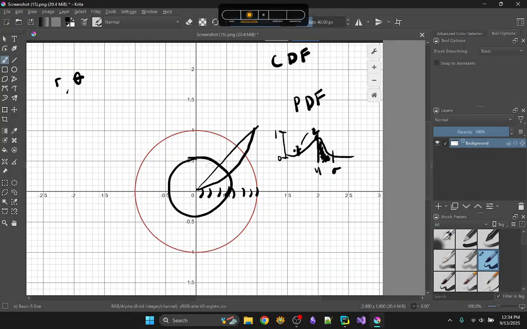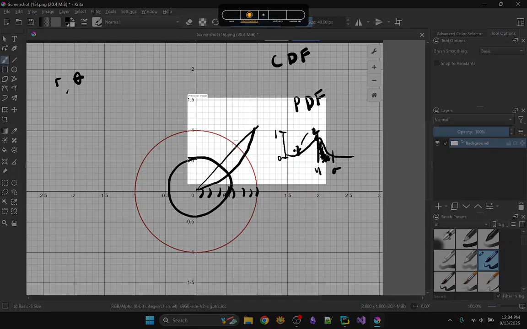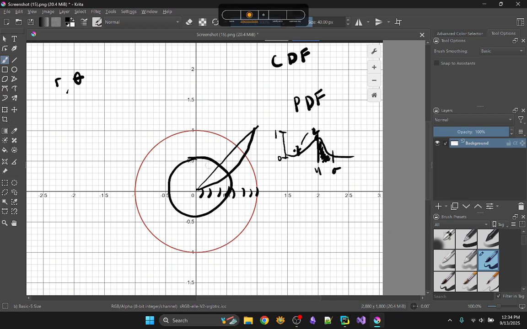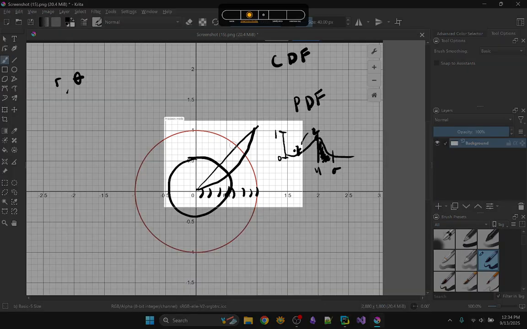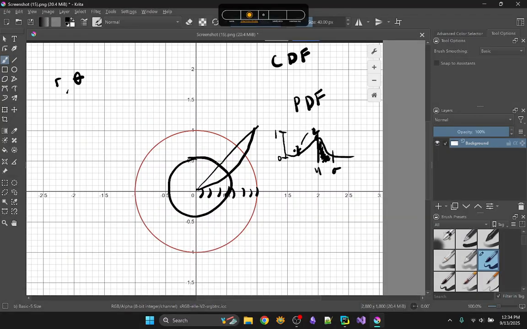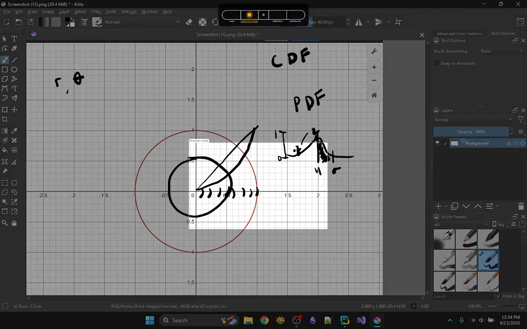So that's why I can just scale this. What should be 2x, I can just scale it to 1x, because all that matters is the relative proportions, the relative likelihood of these different radii. So a radius that's at 1 should have twice the likelihood of a radius that's at 1/2.